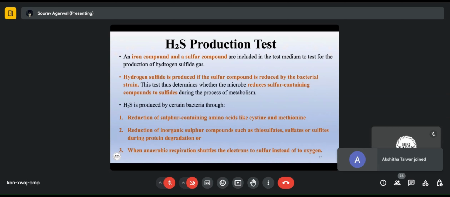Okay, so I'll start from the beginning, the H2S production test, if it is okay. Yeah. Okay. So to test the production of H2S gas, both an iron compound and a sulfur compound are needed. H2S is produced when our bacterial sample reduces the sulfur present in the media or its surroundings.